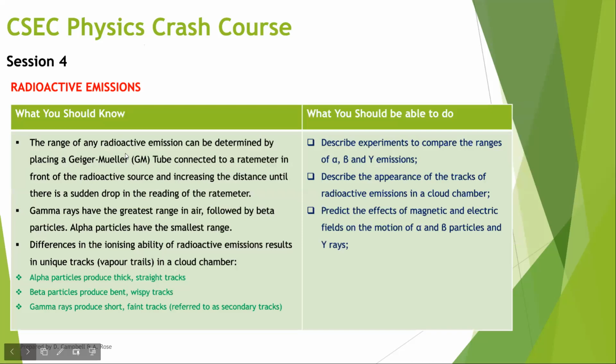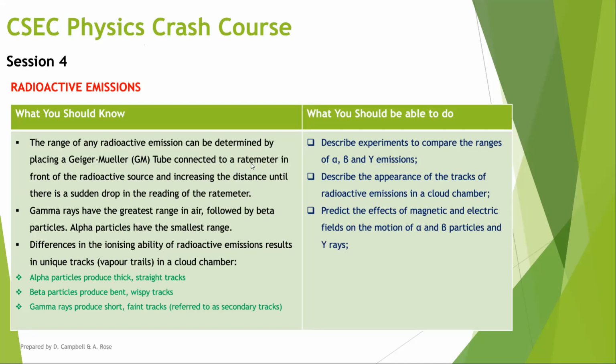Okay, now the range of the different particles. There is a device called a Geiger-Müller tube and a rate meter, which can measure the number of particles that the Geiger-Müller tube comes in contact with per second or per minute.